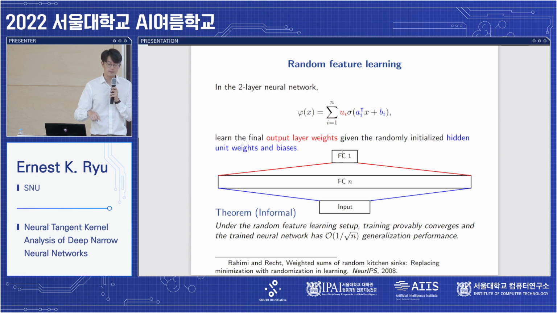And then if you go back, and set the blue weights to actually be trainable, and then run the experiment again, it actually works better. So this gimmick of fixing the hidden unit weights and biases is only for theoretical convenience. If you actually train both layers, the performance improves. So there is a significant gap between the theory and the empirically observed practice, even in this simple two-layer setup.